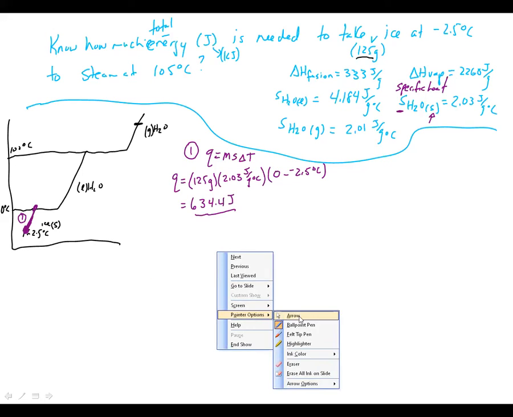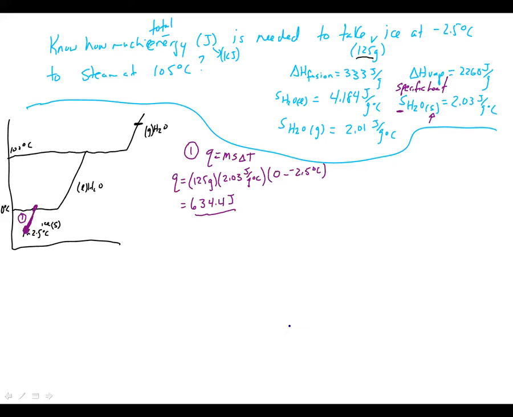The problem is it's still in the form of ice at this point. So we then need to do the next step, which would be to take our ice at 0 degrees Celsius, not change the temperature, and take us to liquid water at 0 degrees Celsius.